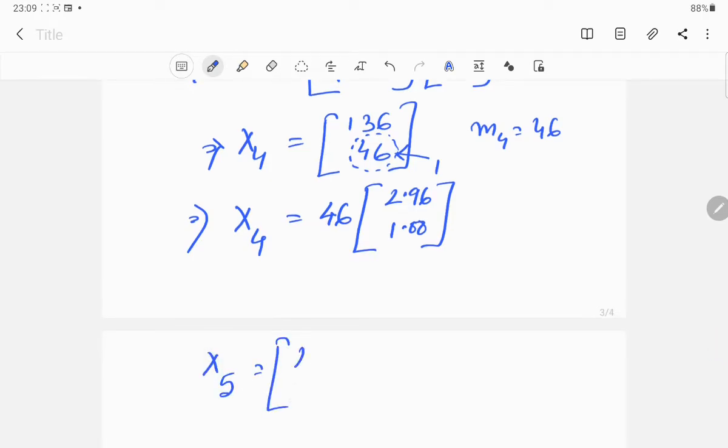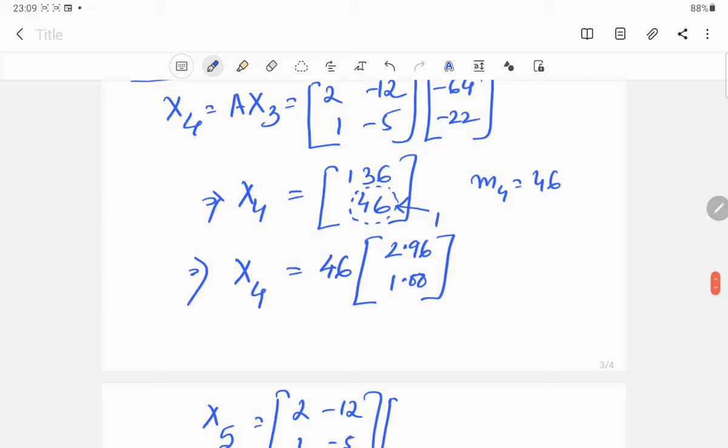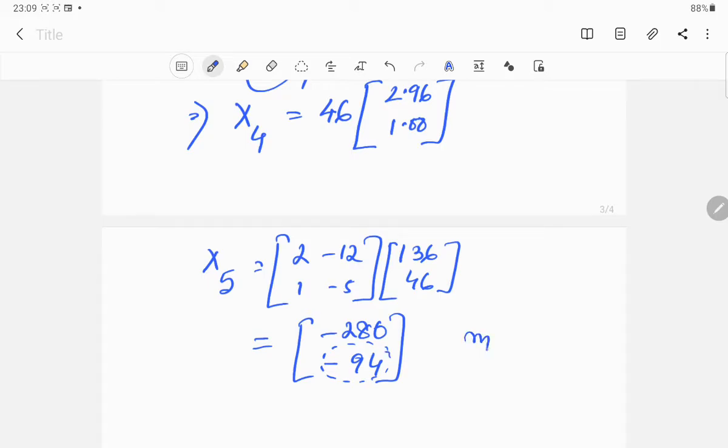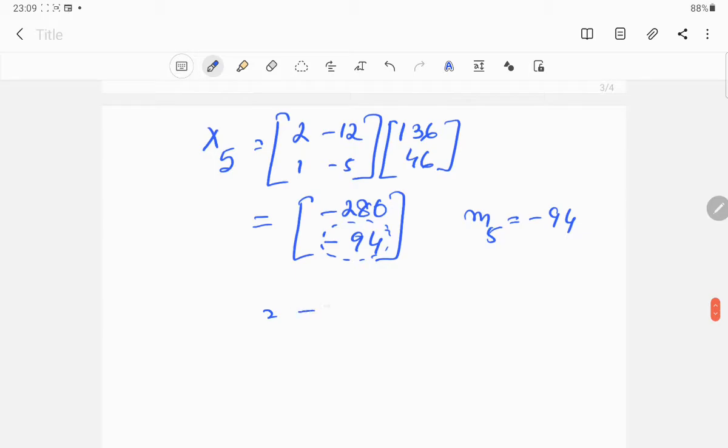All right, next let us go to x5. So it is [2, -12; 1, -5], and here it is x4, which is 136, 46. If you solve this, x5 will be around -280 and -94. So now this is our m5. m5 is -94. So I will take -94 out.